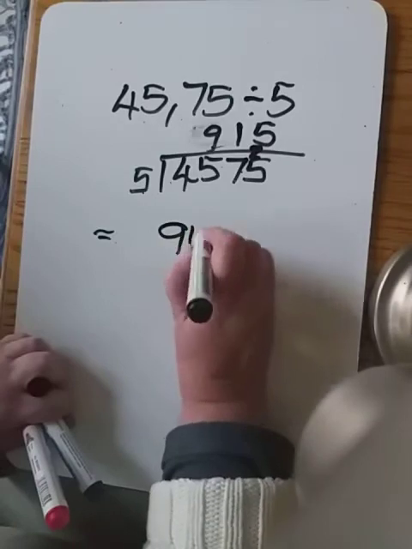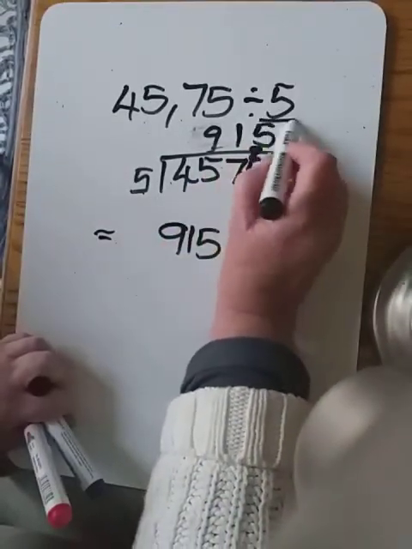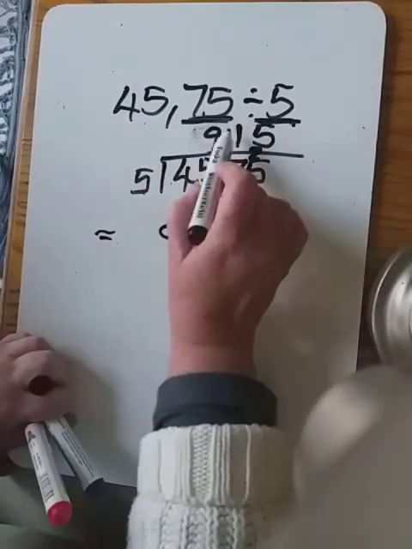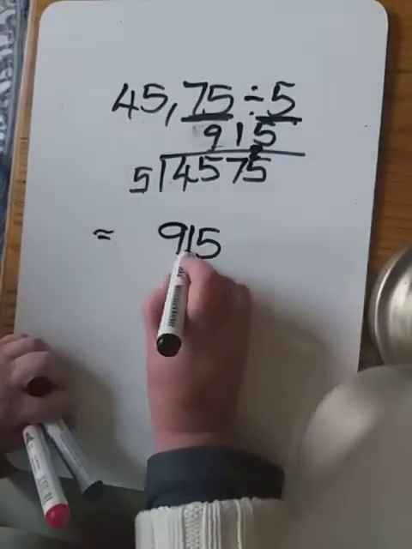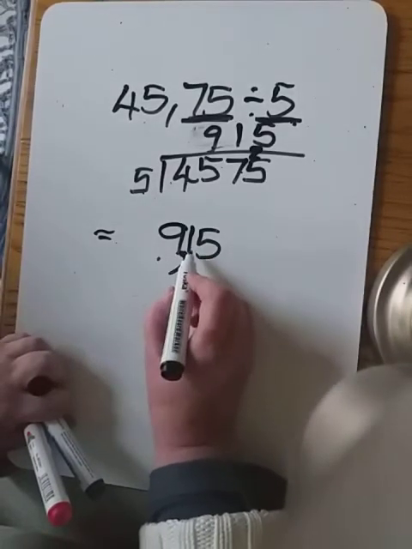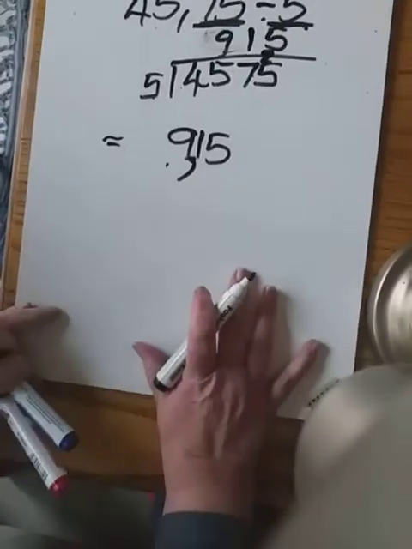So my answer is 915. But now put in the commas. There's nothing after a comma there. Here's 2 digits after the comma. My answer is 9,15.